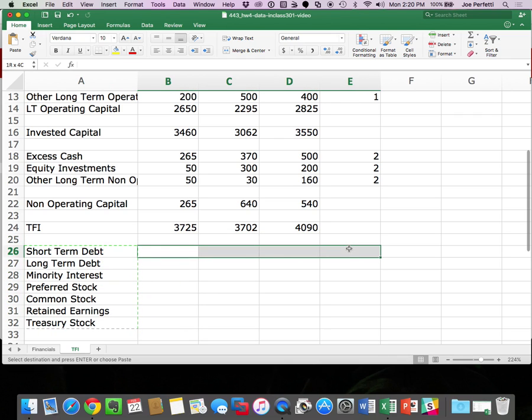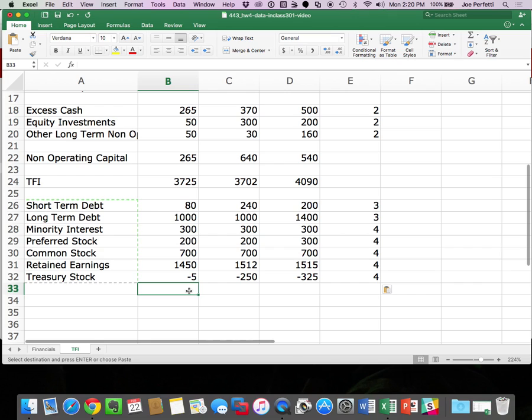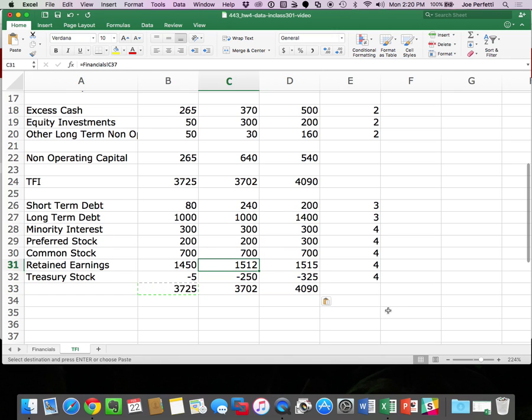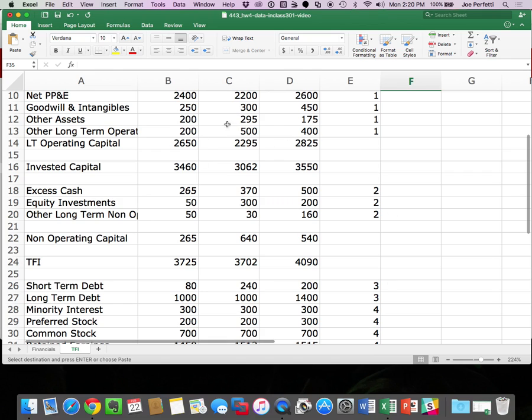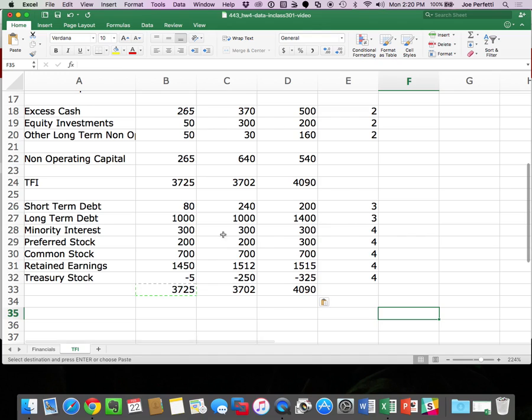Those are my 3s and my 4s. If I did it right, my 1s and 2s equal my 3s and 4s. So again, this is my operating capital, this is my non-operating capital, and this is how I'm financing my total capital. That is the rearranged TFI that we were creating.